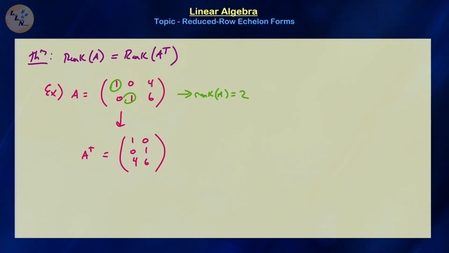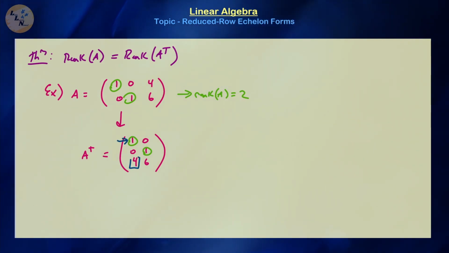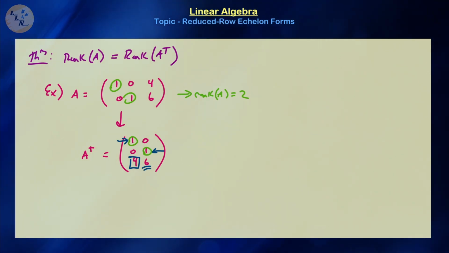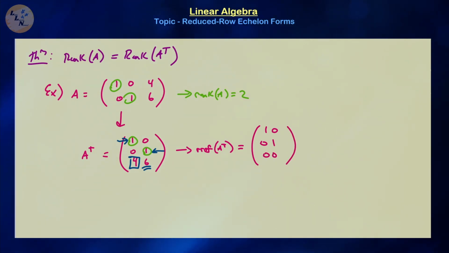Keep in mind, these are the pivots of A. And notice that they're also going to be the pivots of A transpose, because this pivot is able to eliminate that element, and this pivot is able to eliminate that element, giving us a bunch of zeros at the beginning. So we can clearly see the reduced row-echelon form of A transpose is equal to 1, 0, 0, 1, 0, 0. And again, the rank of A transpose is equal to 2.